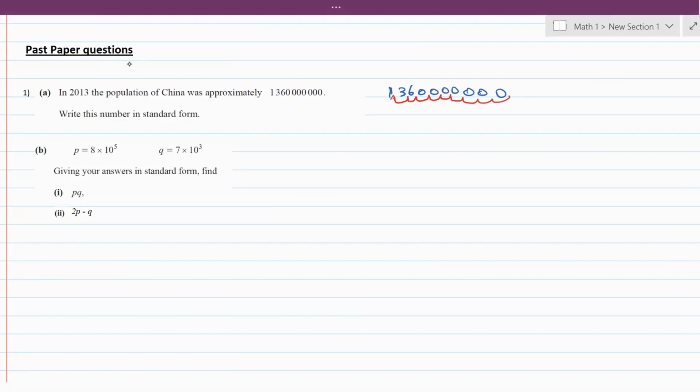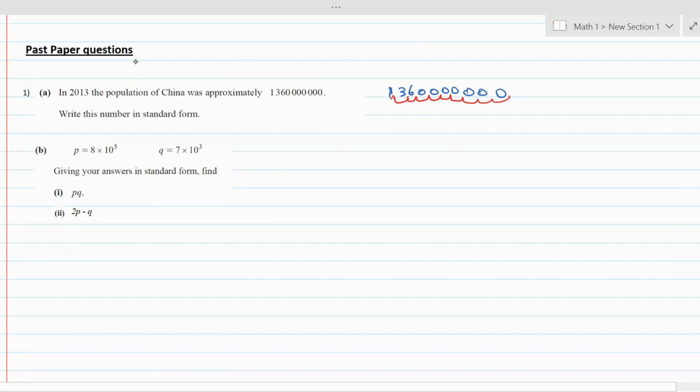We have made a move of 9 decimal places towards the left. And moving the decimal towards the left, the tens power will increase. So the final answer in this case would be 1.36 into 10 raised to the power 9.